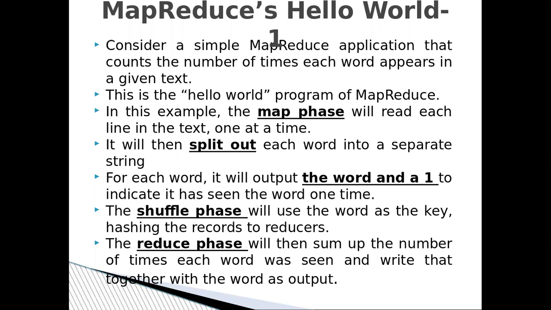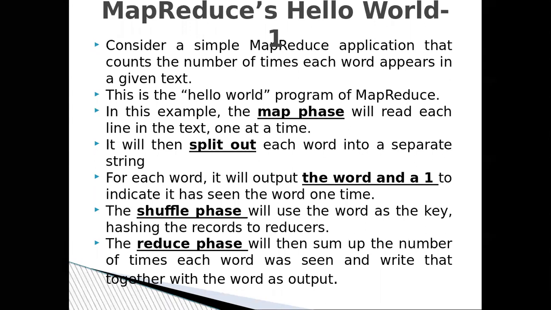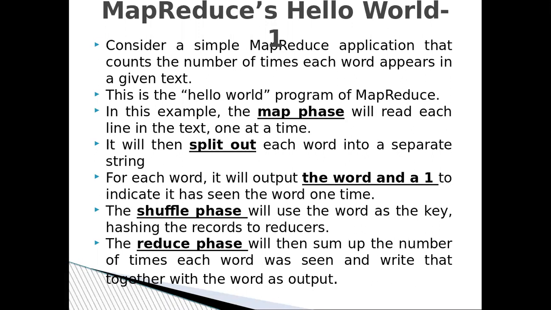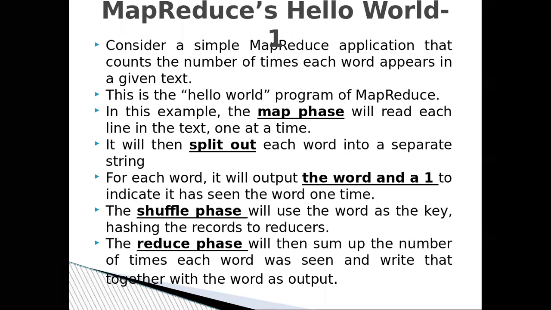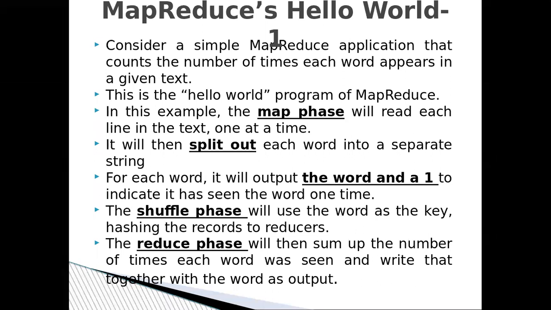Just like you have a hello world beginning program in Java, this is known as the MapReduce hello world. We need to count the number of times a word appears in a given text. The text may be in gigabytes or terabytes, but out of that given text file, it will pick up each word and tell you how many times that word has occurred.